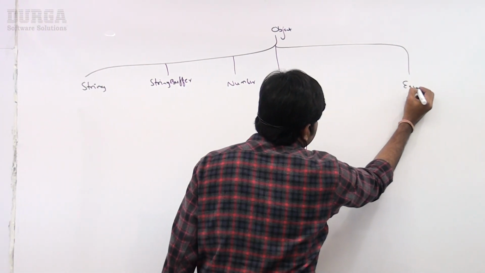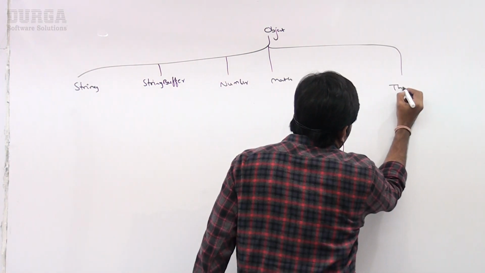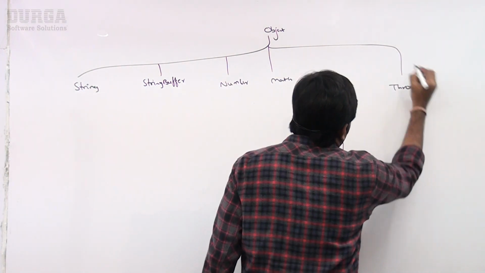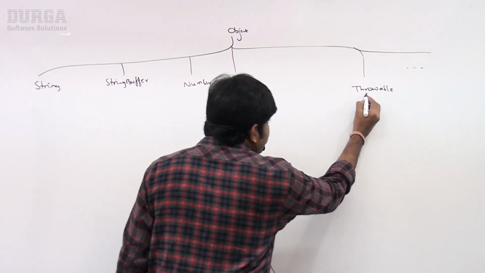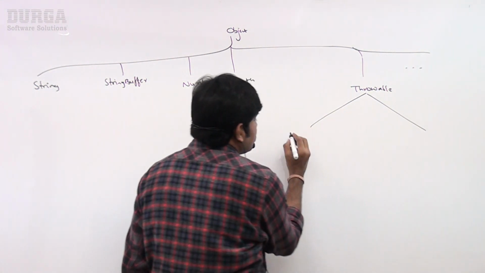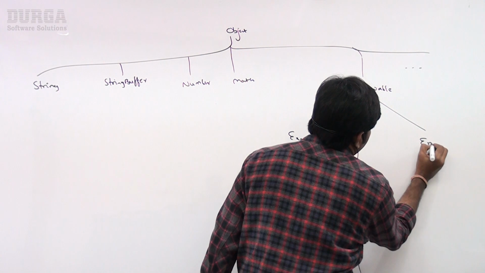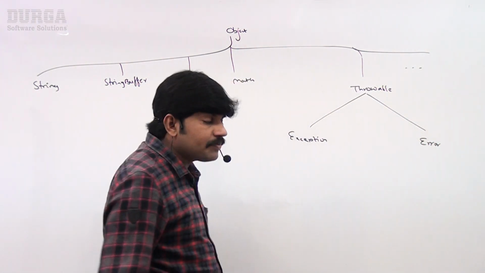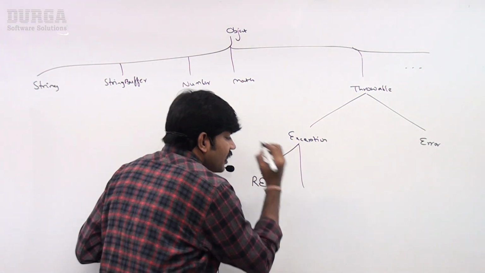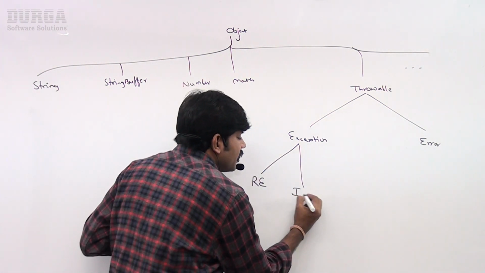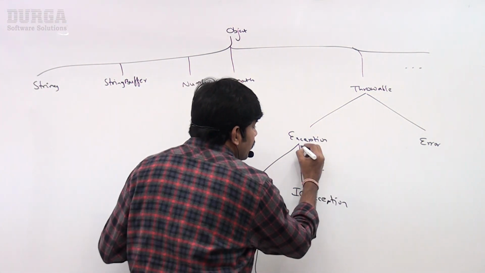Next, Exception. Sir, do you know here Throwable is one child, and so on. For Throwable there are again two child classes. What is the first one? Exception. Second one? Error. For Exception, anyway, there are several child classes: RuntimeException, IOException, like that, right?